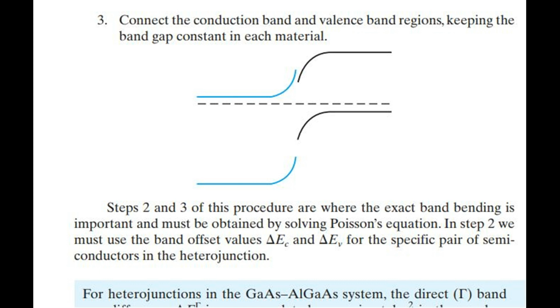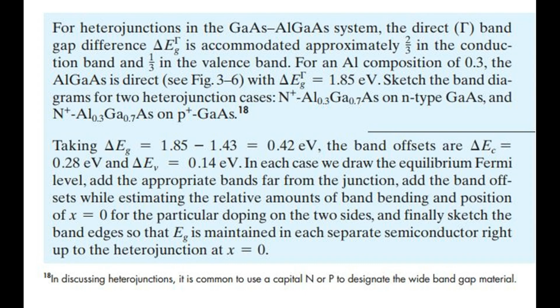For an aluminum composition of 0.3, the aluminum gallium arsenide is direct, see Fig. 3.6, with EG equal to 1.85 electron volts. Sketch the band diagrams for two heterojunction cases, N+ aluminum 0.3 gallium 0.7 arsenide on N-type gallium arsenide, and N+ aluminum 0.3 gallium 0.7 arsenide on P+ gallium arsenide.